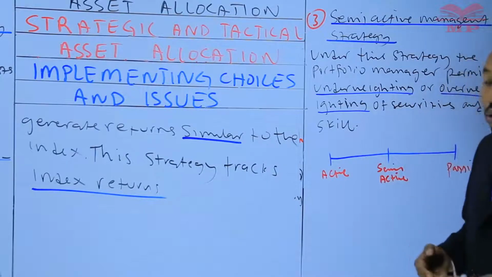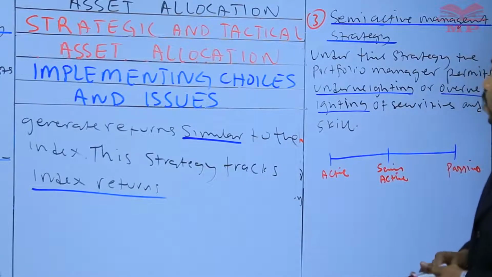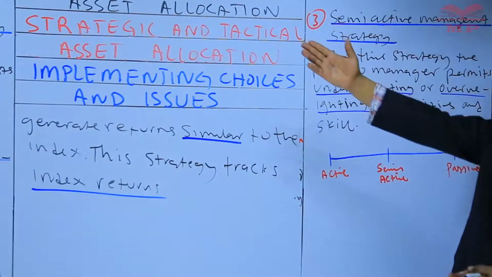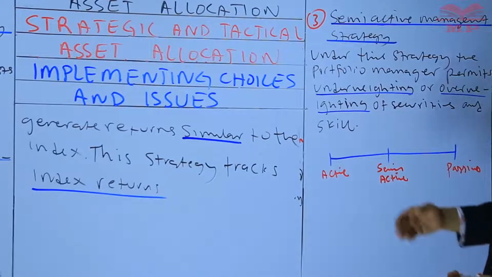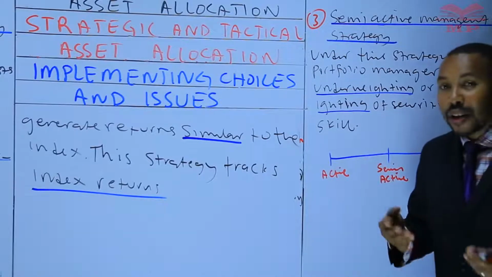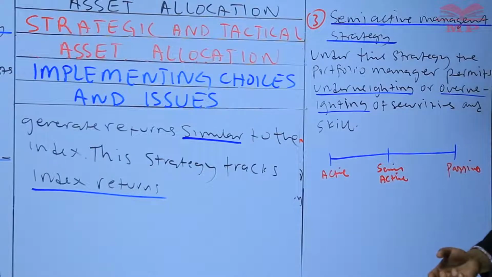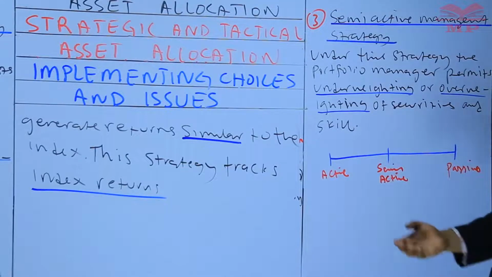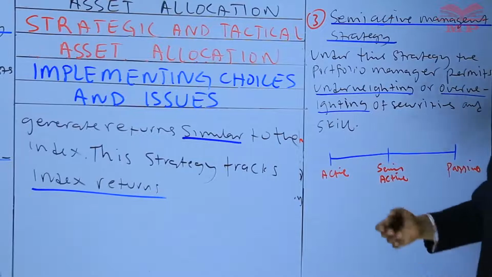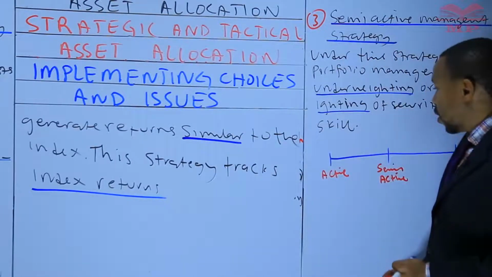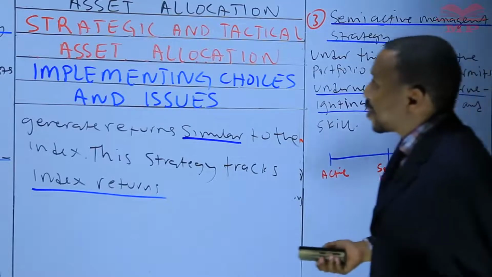Of course, I'm going to be very brief because in one of the lessons we did under asset allocation, I explained each asset class, the objectives and constraints, and the returns. I'll be brief because we're just looking at it from the perception of strategic and tactical asset allocation. So what are the issues?